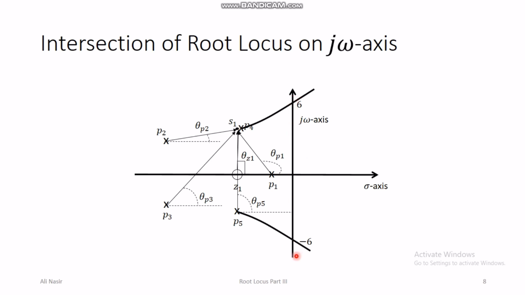So root locus will intersect the jω axis at these 2 points, and you can see that the path of this pole is the mirror image of the path of this pole. So root locus is symmetric with respect to the real axis. So this was about the intersection of the root locus on the jω axis. I have also indicated this by putting small circles here, these are the intersections.